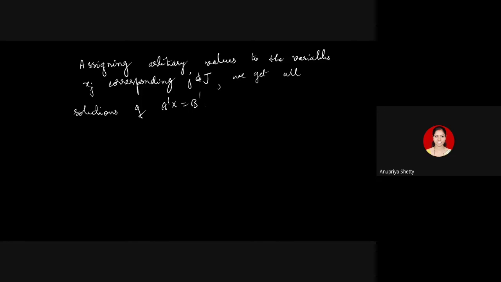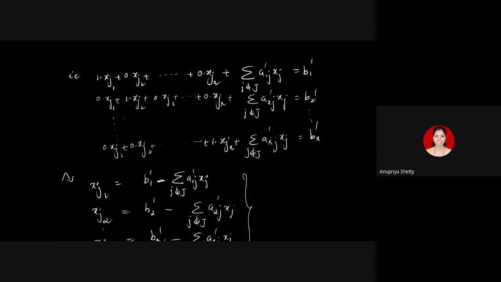If there are columns having no pivots, you can give arbitrary values. And when you are free to give arbitrary values, it's understood that you will be getting infinitely many solutions. But in any case, in the converse, we were able to justify that whenever b dash, the last column, has no pivot, it's possible to get a solution because we computed the solution now.